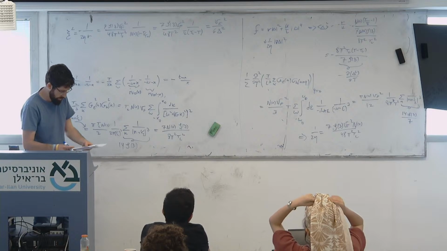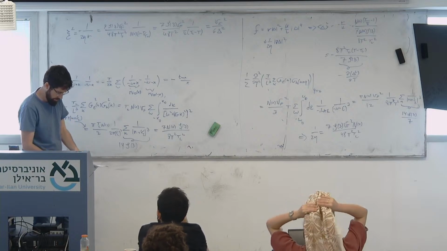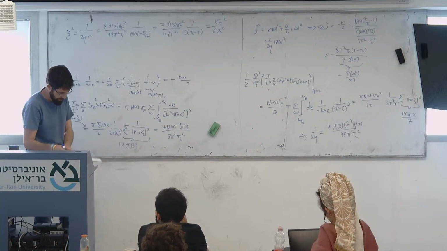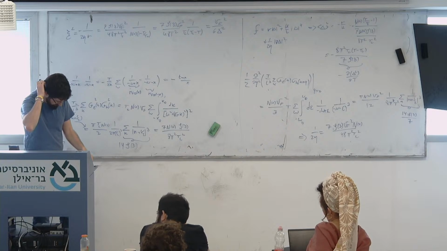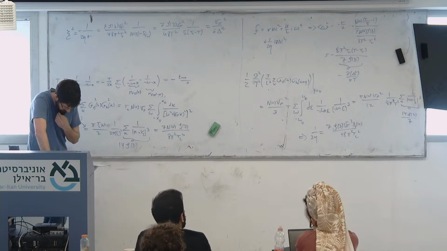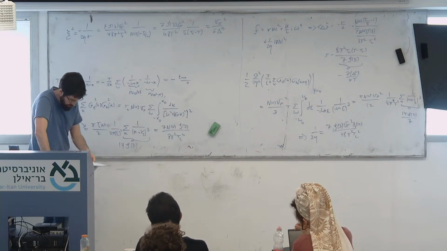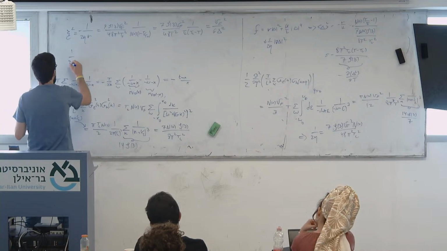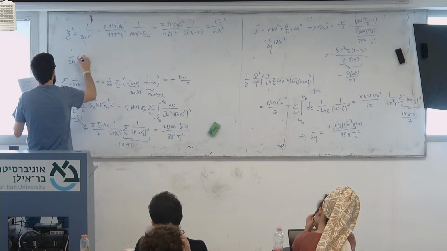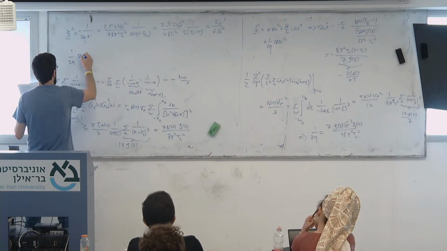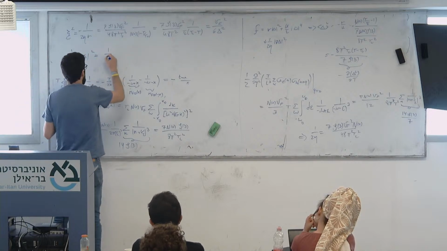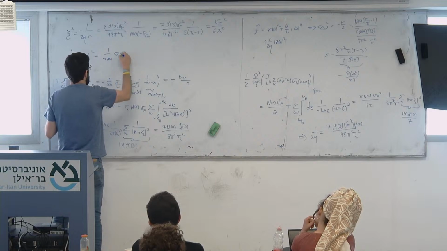And maybe the last thing I'll say before I end is that we can also write something like 1 over 2 eta, we want this to be equal to 1 over 2m grad psi squared.